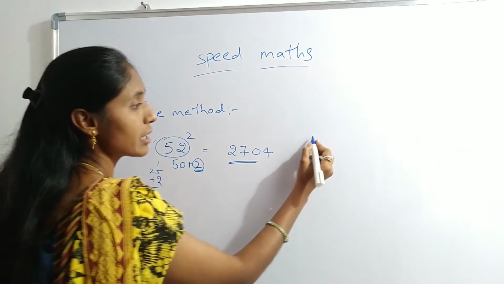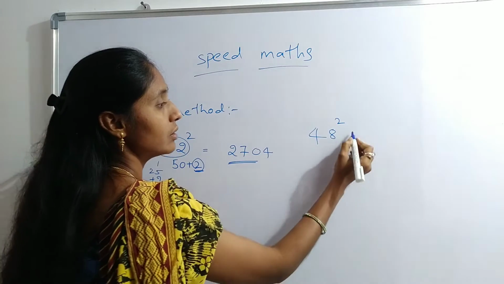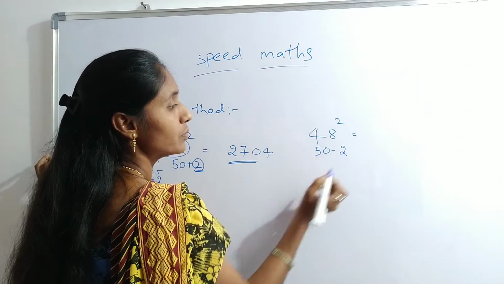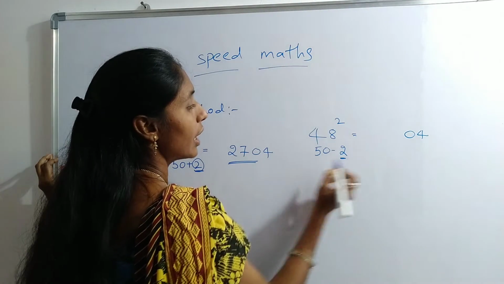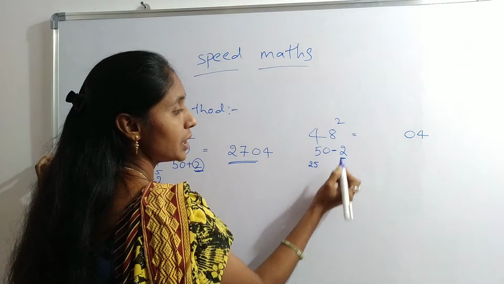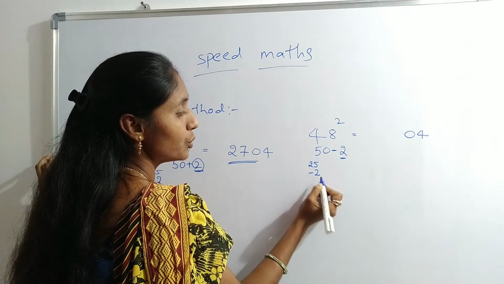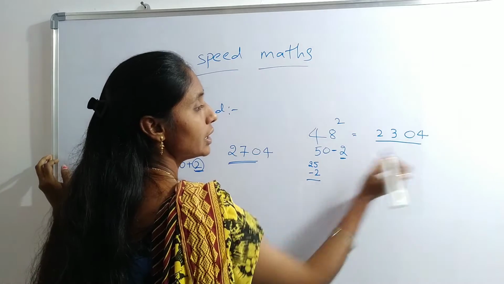Now take another example. 48 square. This is 2 less than 50. So take the value of 2 square and take the constant value as 25. Subtract the 2 from 25, then we'll get 2304.